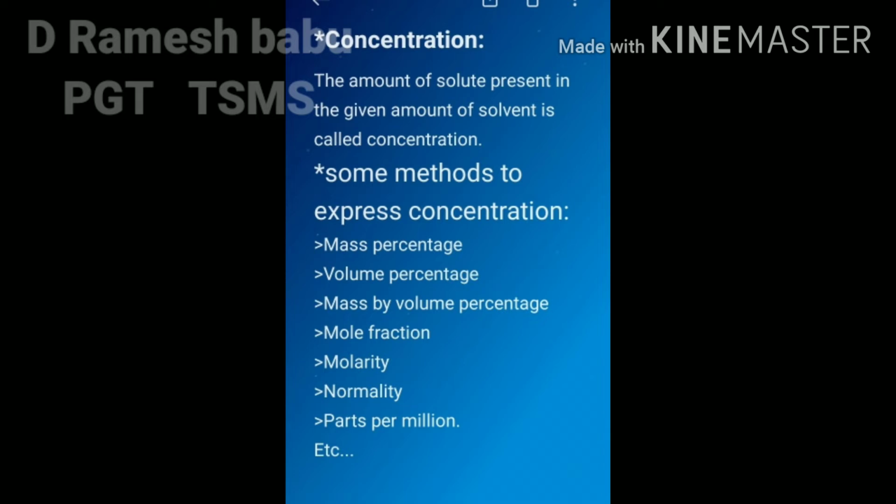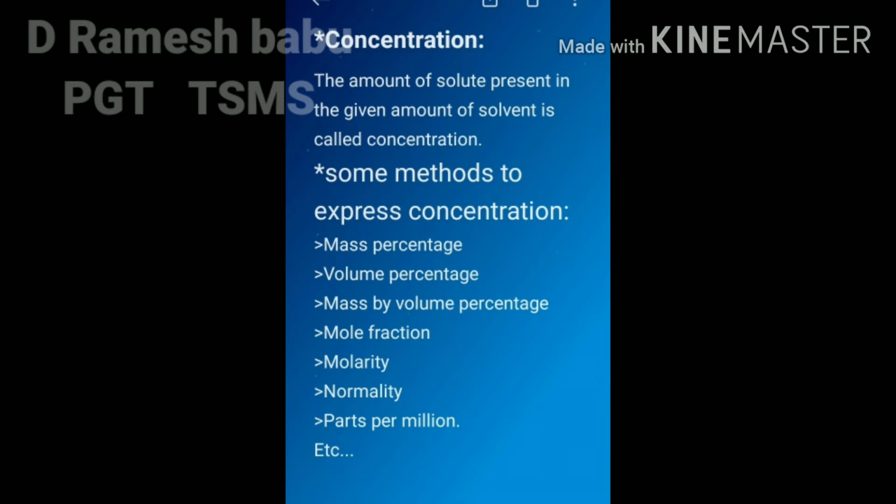So here we see what concentration is. The amount of solute present in the given amount of solvent is called concentration. Some methods to express concentration are listed below: mass percentage, volume percentage, mass by volume percentage, mole fraction, molarity, normality, parts per million.